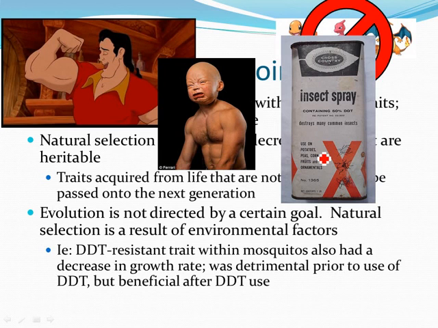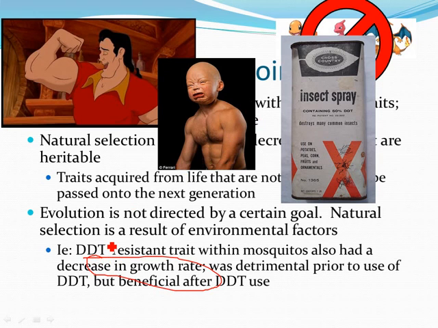However, there was a detrimental factor as well. Even though they were resistant to DDT, it also decreased their growth rate. So when DDT wasn't being used, the resistant ones were actually not as beneficial, so they tended not to pass on their genes or traits to the next generation.